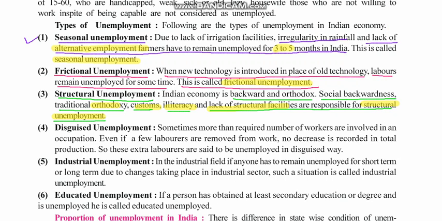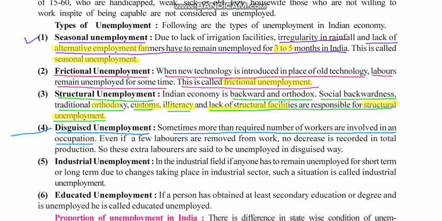Next, very important, disguised unemployment. Now what is disguise? Disguise is hidden. Sometimes more than the required number of workers are involved in an occupation. You can go to a shop, where more than the required number of people are employed.